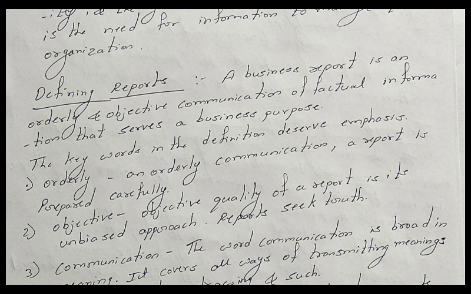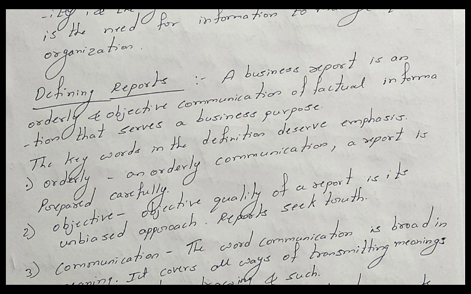A report should be prepared very carefully in a particular order. While preparing, we have to follow the order, and it should be orderly, helpful to communicate. You have to take more care that the information is put into a particular order.